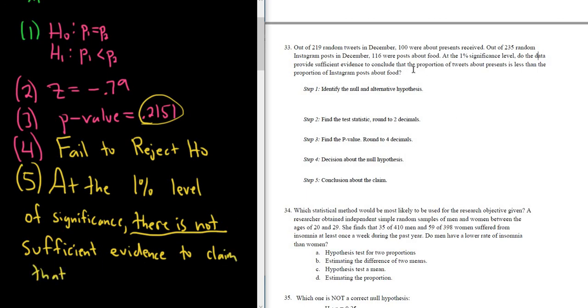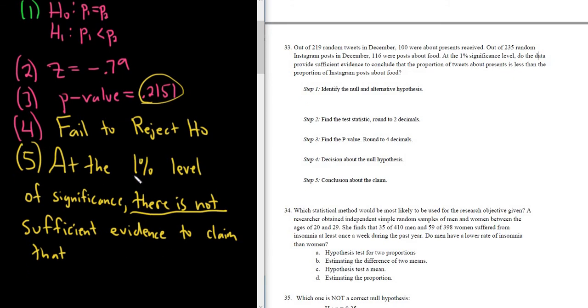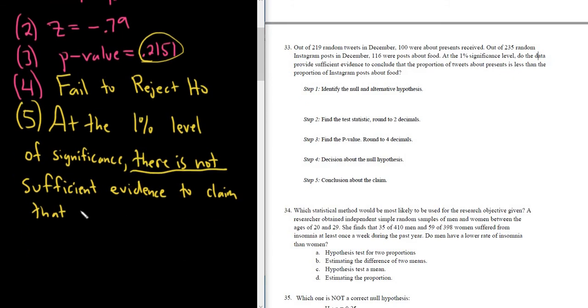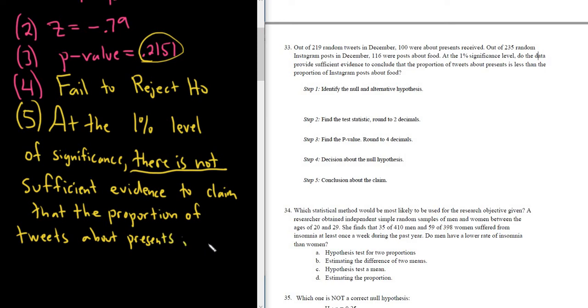Then just go straight to the last sentence. It makes it easier. The proportion of tweets about presents is less than the proportion of Instagram posts about food.